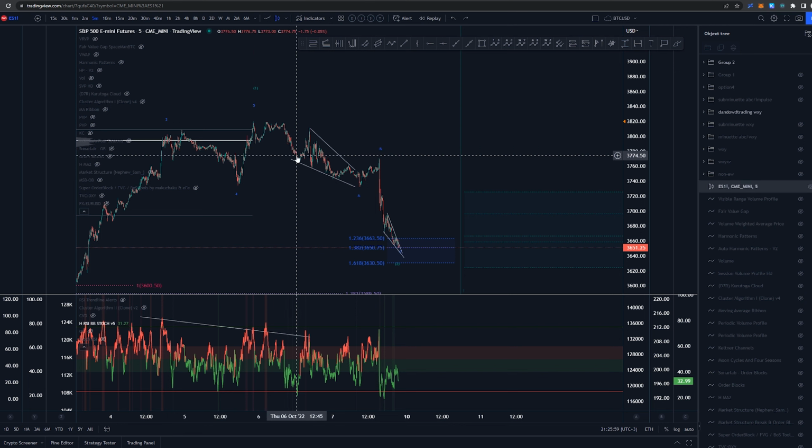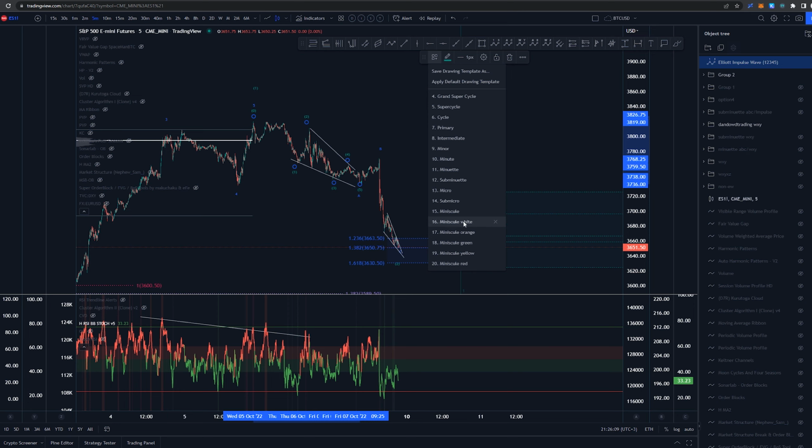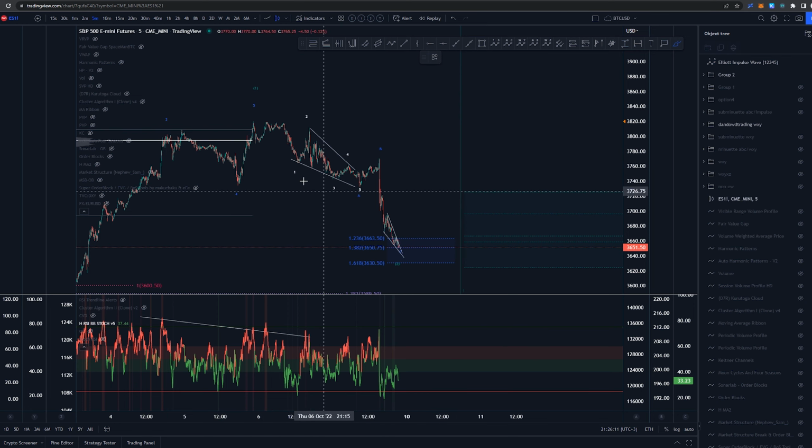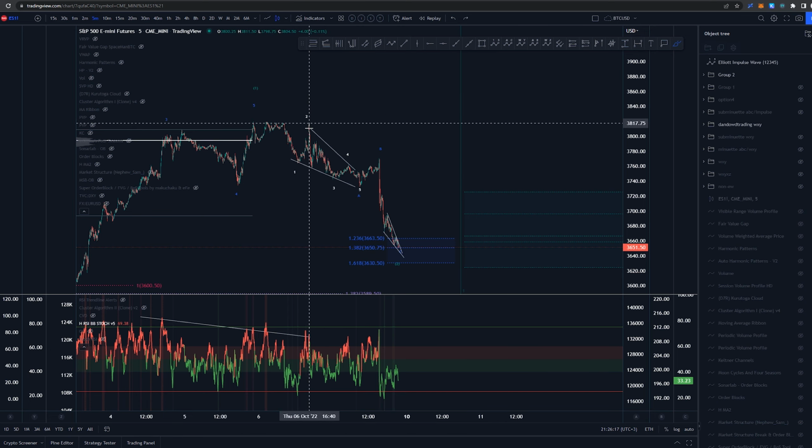So I had Cohen on Discord mentioning I think he had a bit different counts, but why I'm using this over anything else is just because if we are looking at this whole thing like a 3-wave structure or a combination of 3-wave structures, sorry, for this diagonal, this looks very, very proportionate.